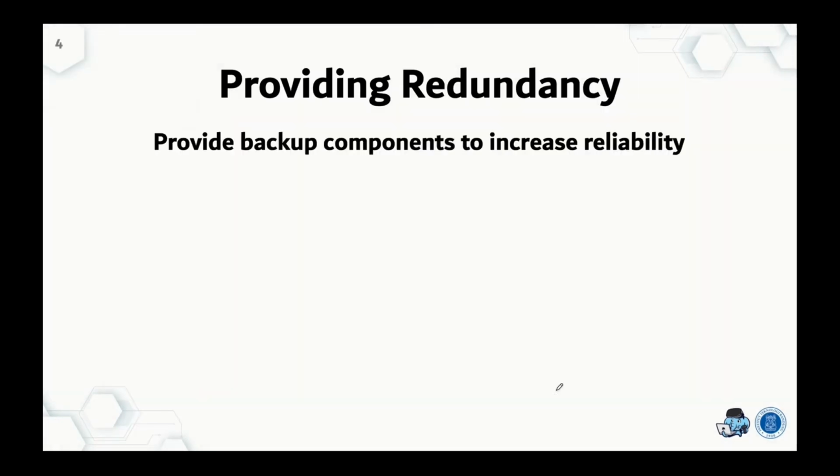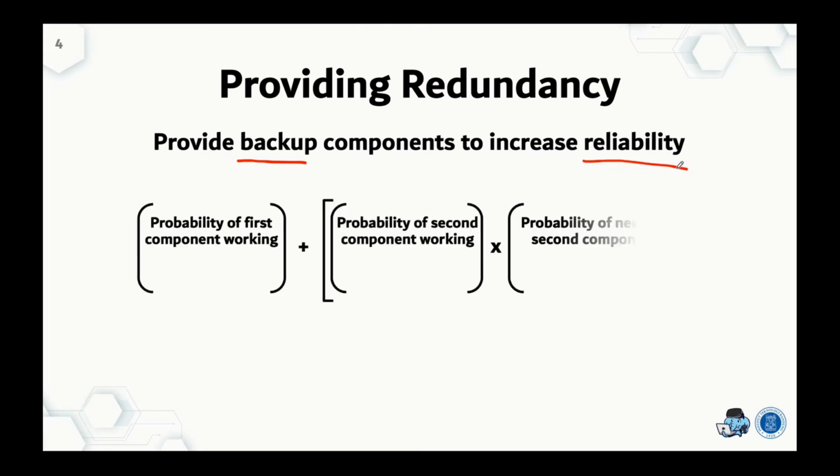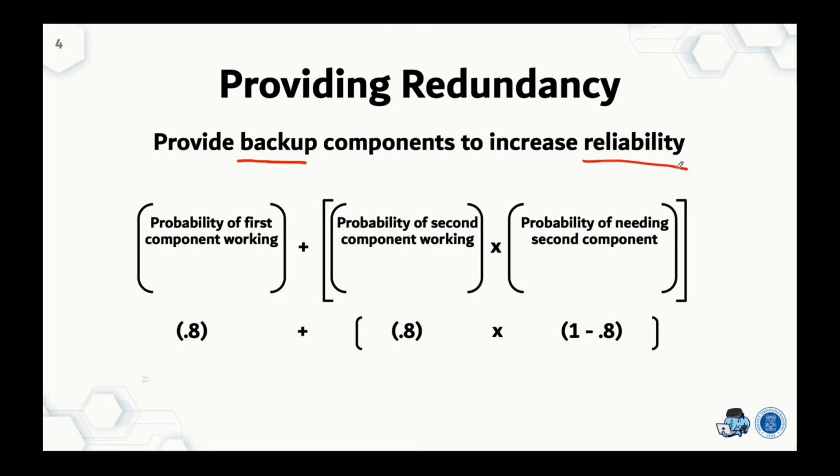Redundancy. What actually is redundancy? Redundancy is simply providing a backup component, to increase the reliability. By this formula, we can understand that the system that is backed up by another component will have higher reliability.